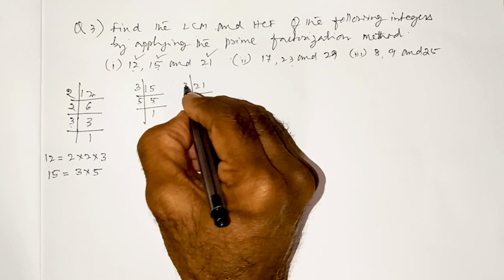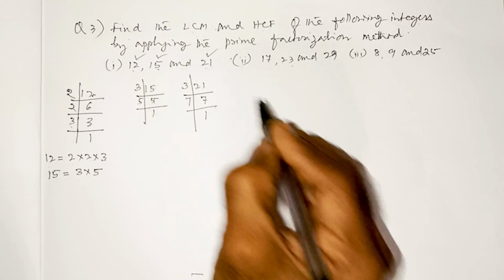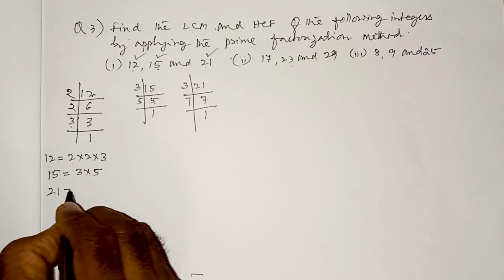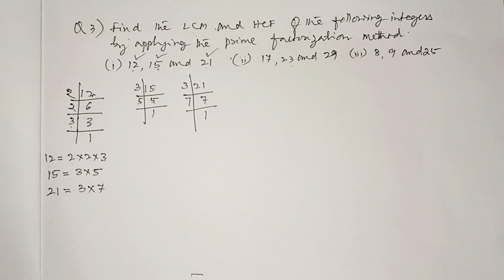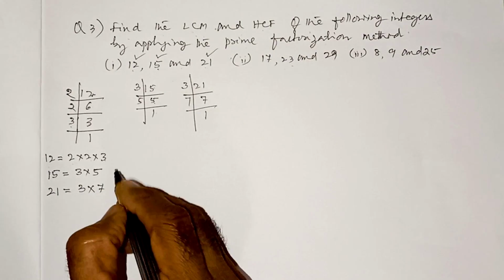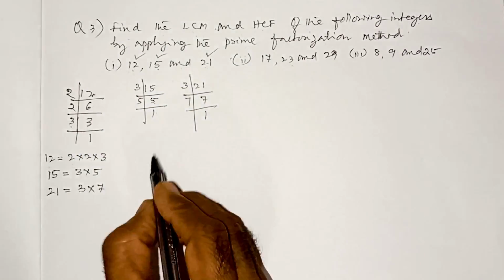Factors of 21, you know very well, 3 into 7 and 7 into 1. The factors of 21 are 3 into 7. Now we have taken all the factors of these three numbers. Now we will find out LCM and HCF of the three numbers.